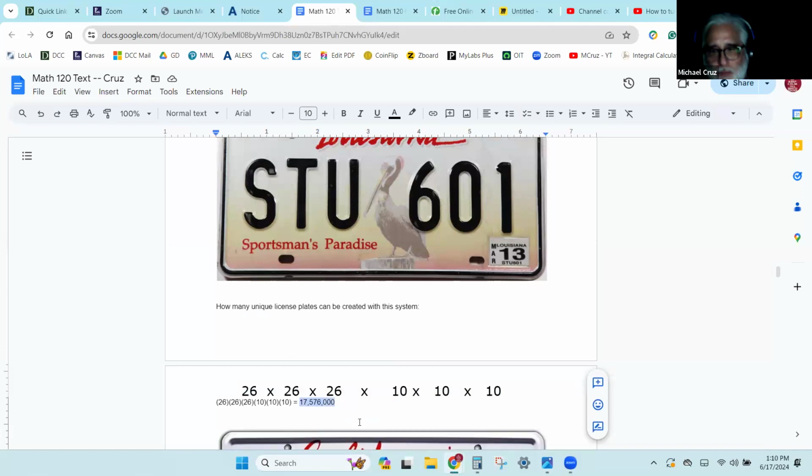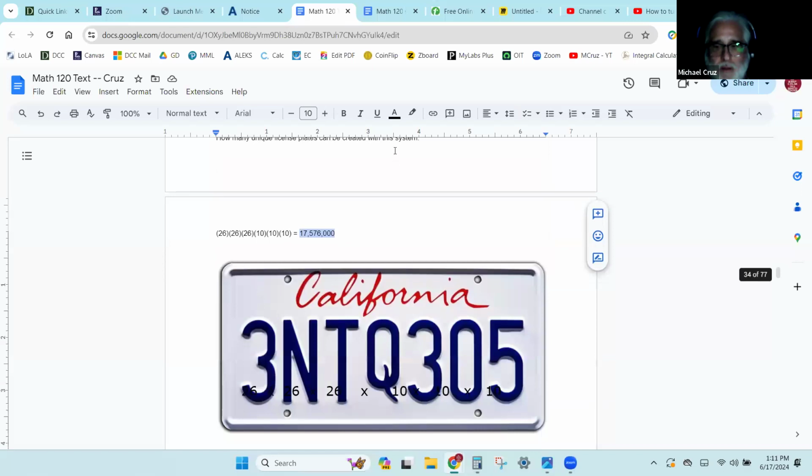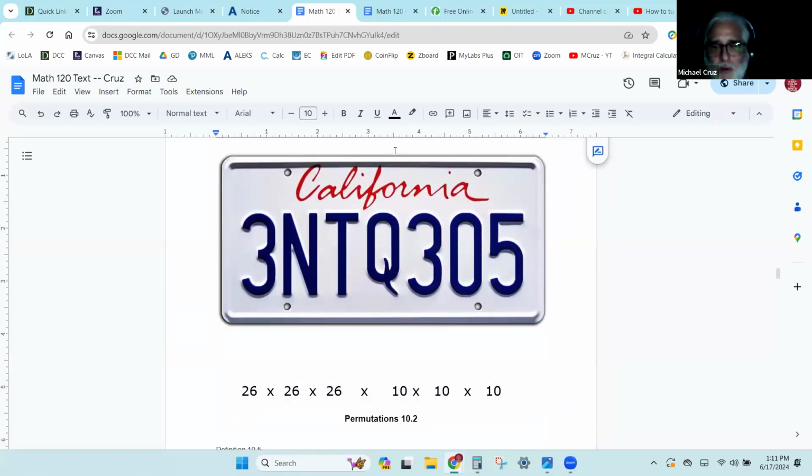And that's plenty for Louisiana, because I think Louisiana has, I can't remember how many, it seems like it's around 5 million plus or minus. But that right there is enough license plates even if we had 3 cars for everybody. But now let's think about California.